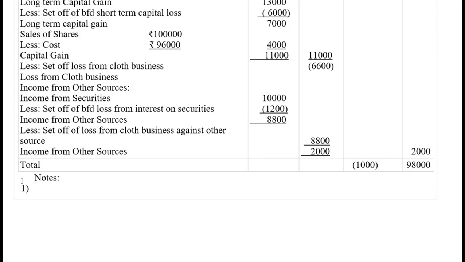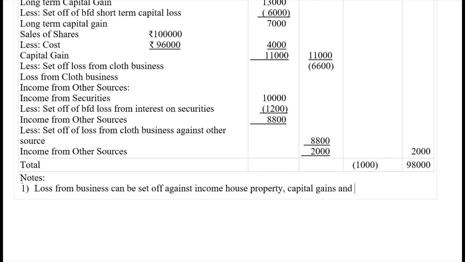Loss from business can be set off against income from house property, capital gains and other sources.